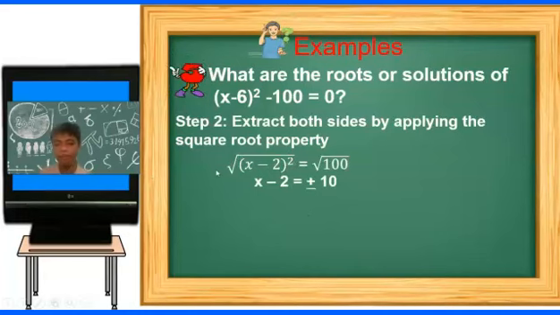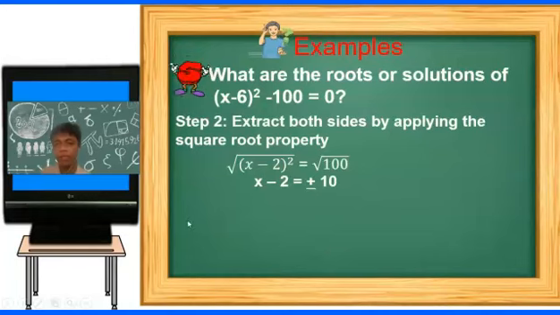Makakancel na yan. So, matitira na lang ay x minus 6. And, equate natin into what is the square root of 100? Positive and negative 10. So, our equation now is x minus 6 is equal to positive and negative 10.